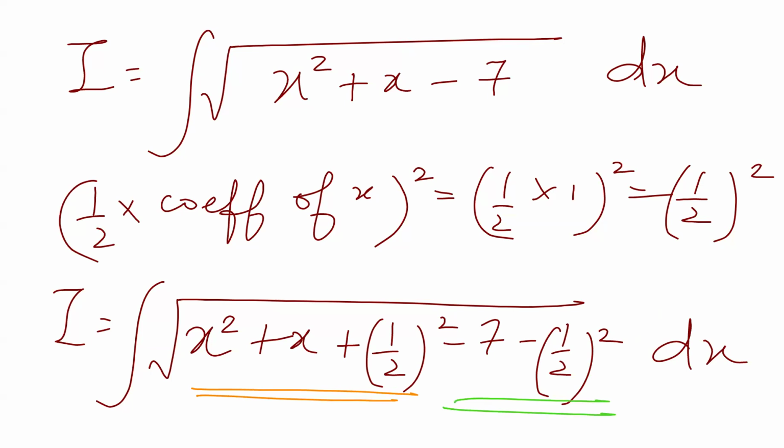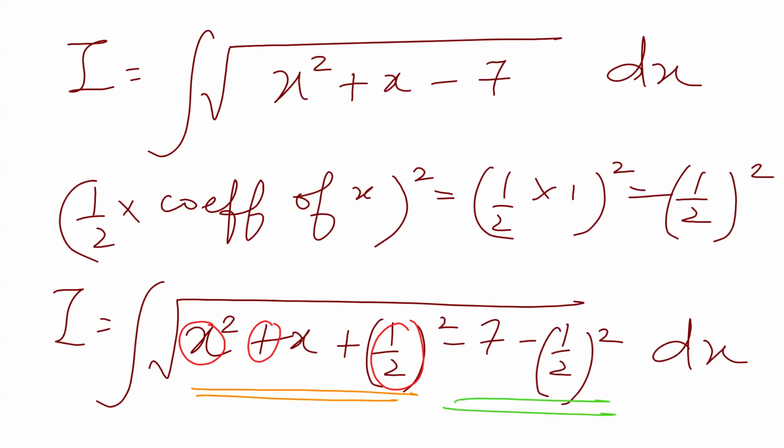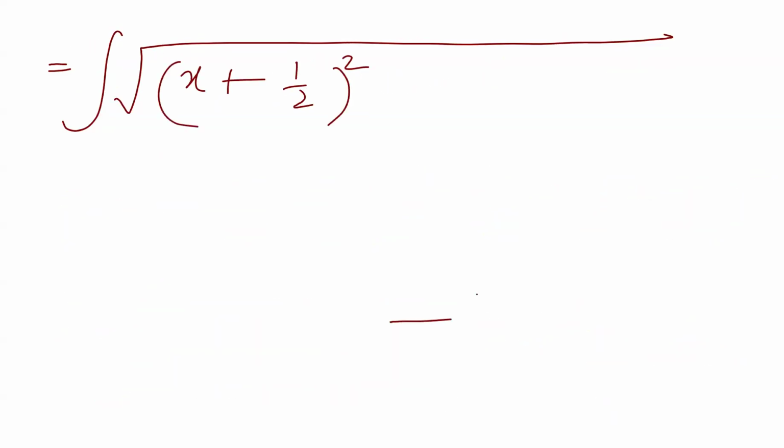See how I'm going to group the first three terms: x plus 1 by 2 the whole square. I'll write it on the next page. This is integration of x plus 1 by 2 the whole square, and the last two terms are minus 7 minus 1 by 4. So minus 7 minus 1 by 4 is minus 29 by 4.